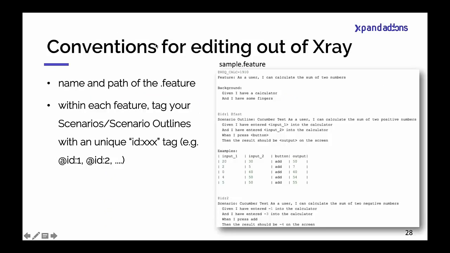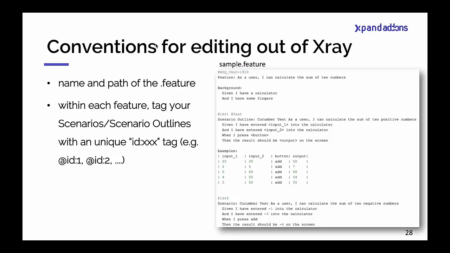So you just need to follow a convention. The convention works in the following way. For each feature file, you must have a unique tag on each scenario or each scenario outline within it. And this tag should be named as ID followed by a number. For example, ID 2.1, ID 2.2. And Xray will use this special tag along with the name and the path of the corresponding feature file in order to find the appropriate test in Xray.